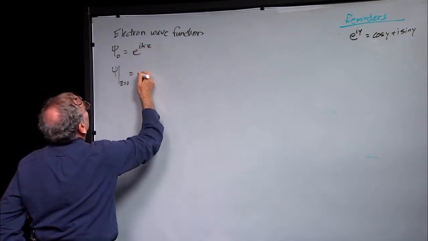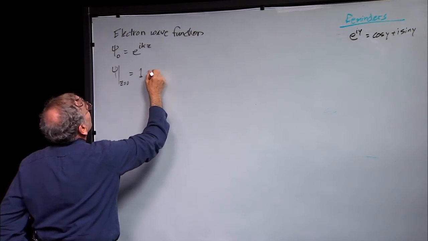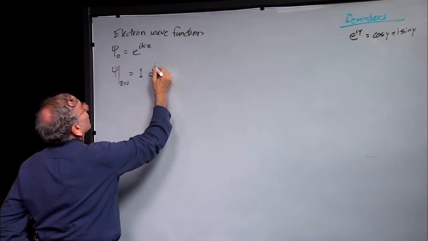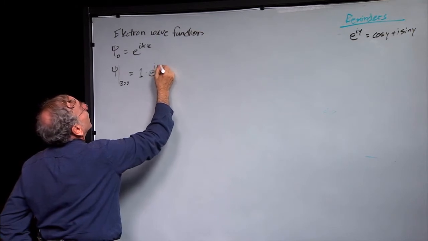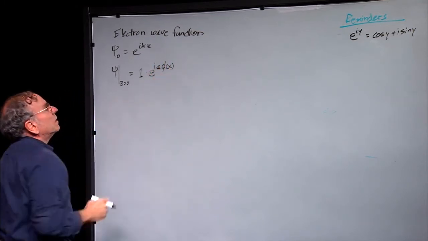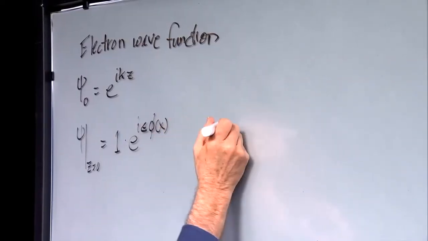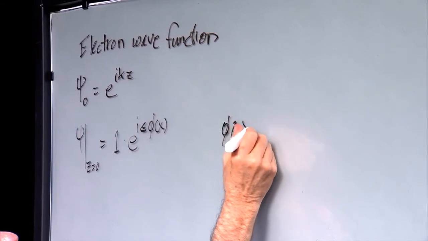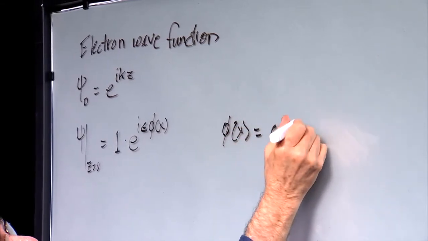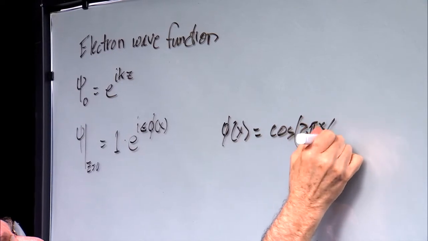well, z is 0, so that part is 1. But it's going to be multiplied by a complex term, e to the i epsilon phi of x. So this epsilon phi of x is my phase object. I'm going to let phi of x be cosine of 2 pi x over d.